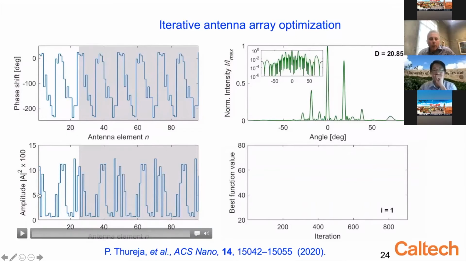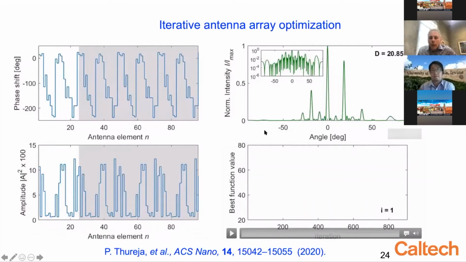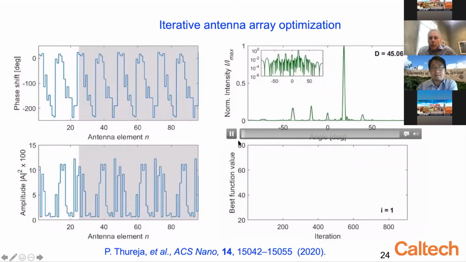Because of the covariation of phase and amplitude, it has this very funny, complex, and not very intuitively understandable amplitude profile across the aperture. And it starts off with this array of far field beam scattering profiles.